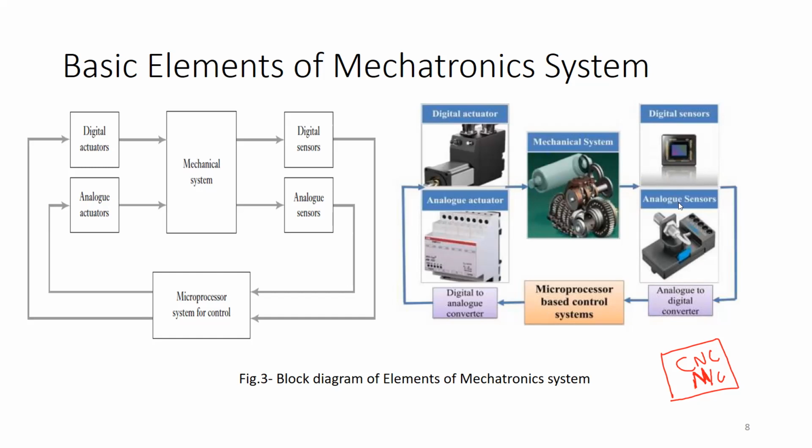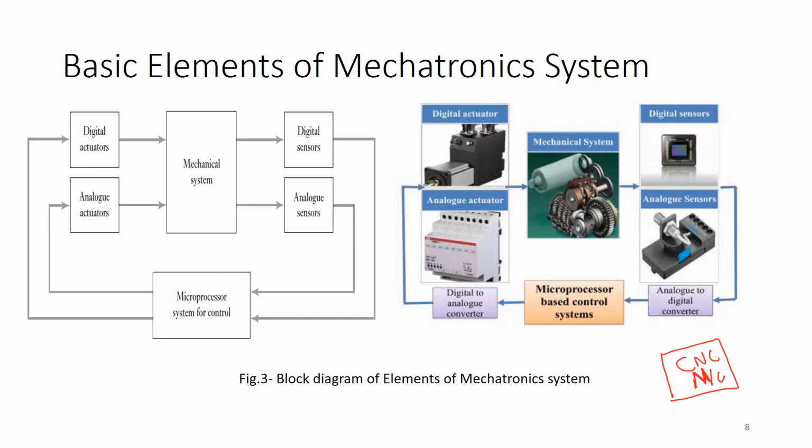That means it is attached to the motor which is actually doing the work. The motor results in the movement of the spindle and the movement of the bed. Whatever movement happens is sensed by the sensors, and those sensors give the signal to a microprocessor. A microprocessor always computes data in digital form, so it requires the input also in digital form.